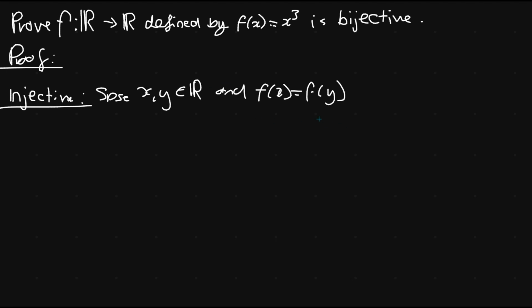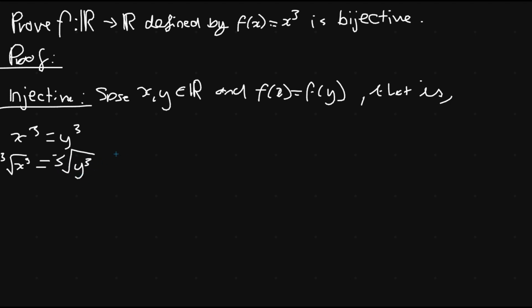Okay, so let's do this. If f of x is equal to f of y, what does this mean? It means x cubed is equal to y cubed. Now if we take the cube root, we get that the cube root of x cubed is equal to the cube root of y cubed.